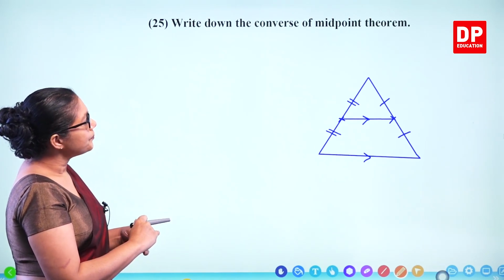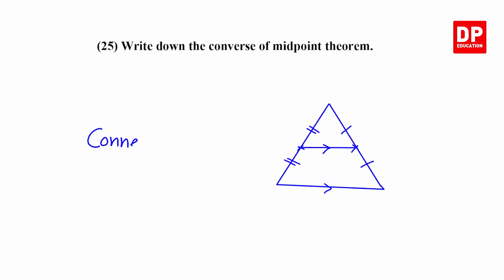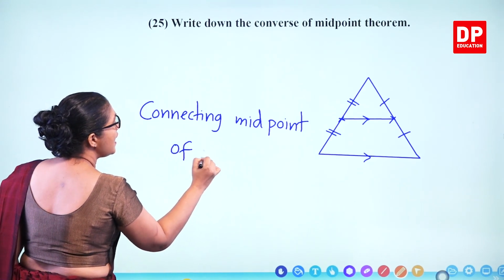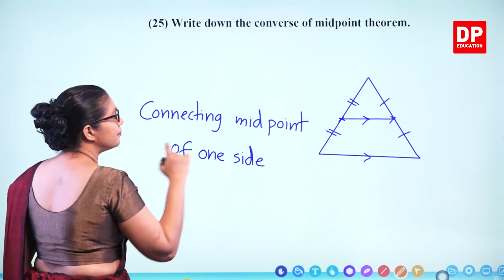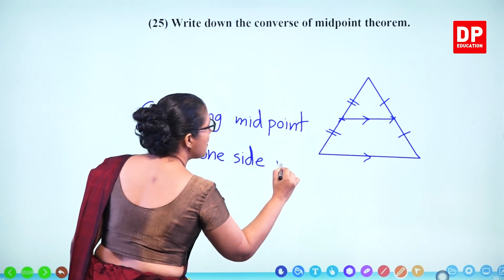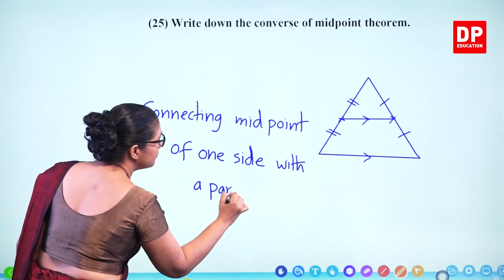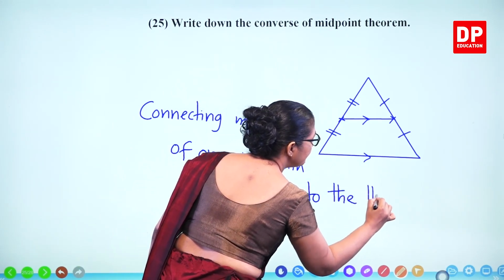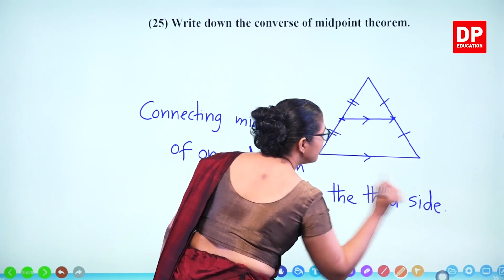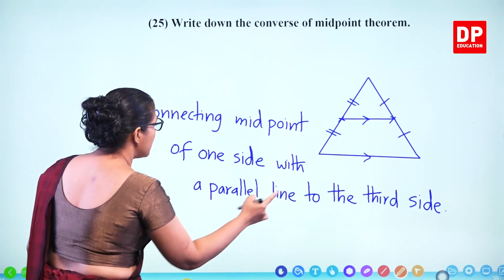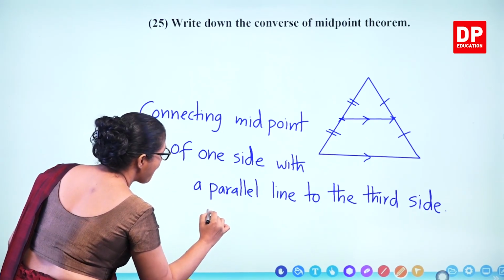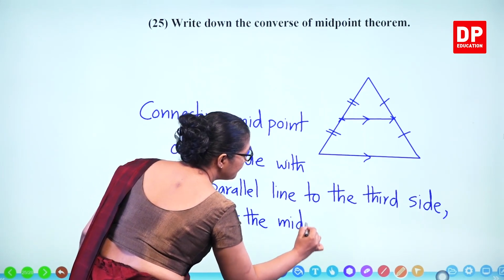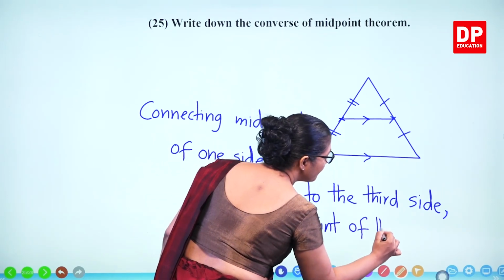So you can write down: connecting midpoint of one side with a parallel line to the third side, you get the midpoint of the other side.